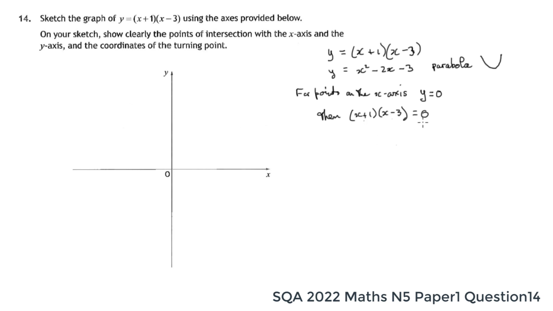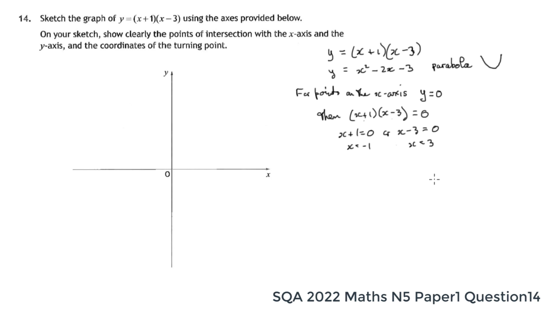Something times something equals 0. Therefore, one or other of these must be 0. They both could be 0. x plus 1 equals 0, or x minus 3 equals 0. If x plus 1 was 0, then x would be negative 1. If x minus 3 is 0, then x is 3.